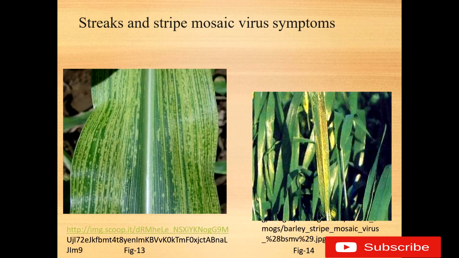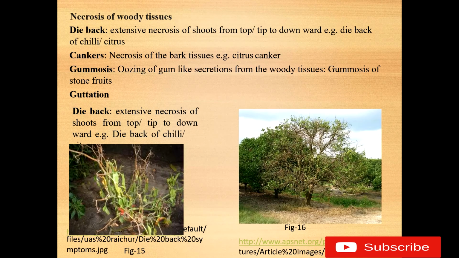And streaks and stripes are actually the symptoms of mosaic viruses. You can see streaks and stripes on leaves like this. All these are in green plant parts. When we come to the woody tissues, you can see dieback, which means extensive necrosis of shoots from the tip downward.